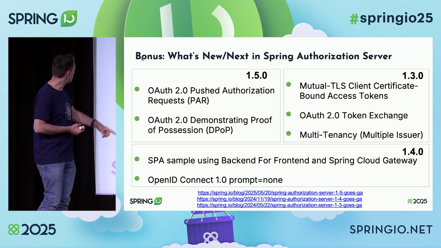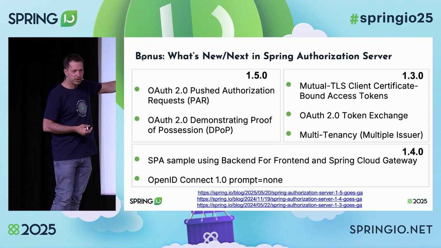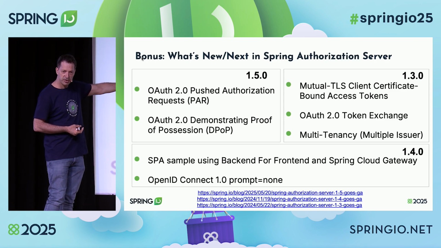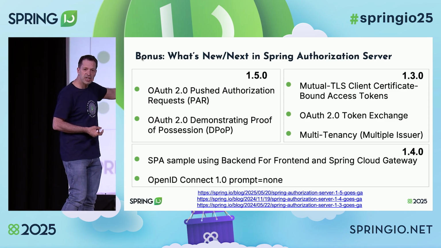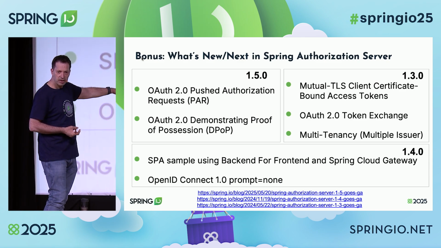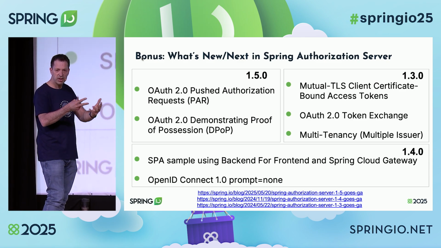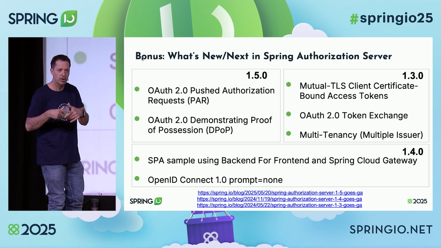1.4. This is a great thing I can recommend. If you're not using token binding, then at least use the backend for frontend pattern for your single-page application. That also frees the token from the browser side. You have some API gateway in between that handles the whole token flow for you and also stores the token on the server side.